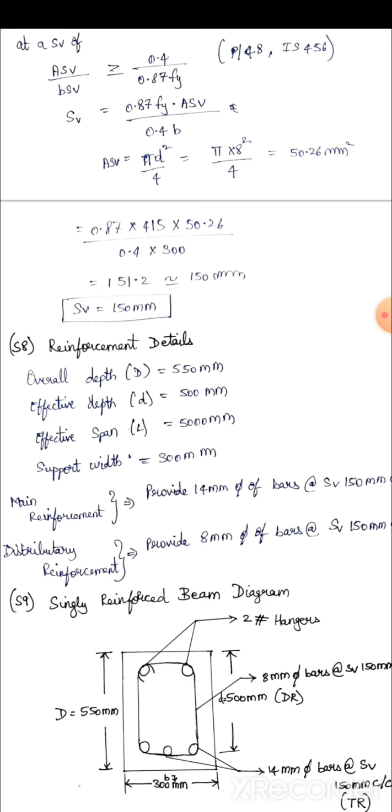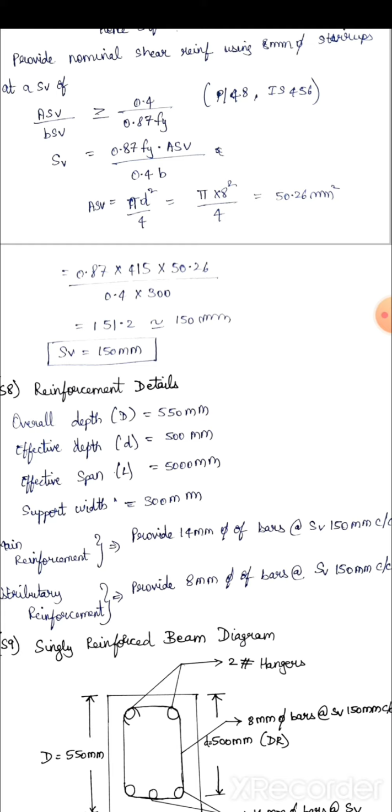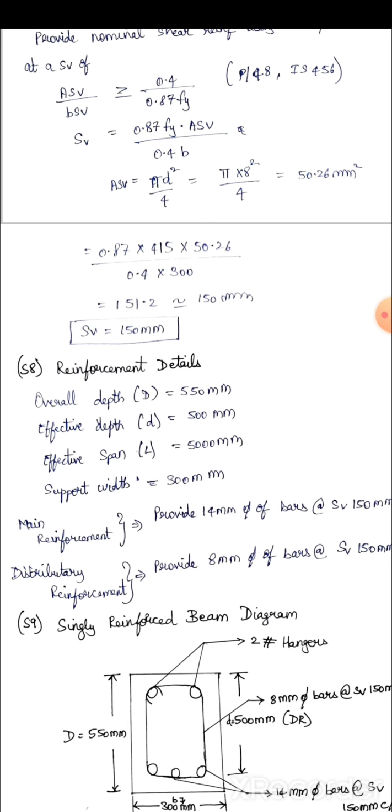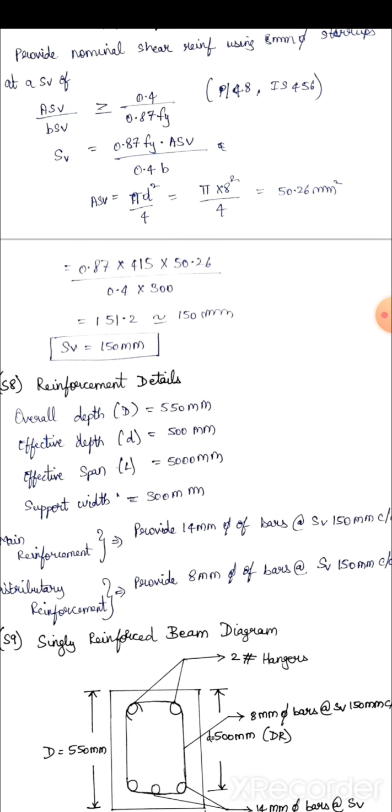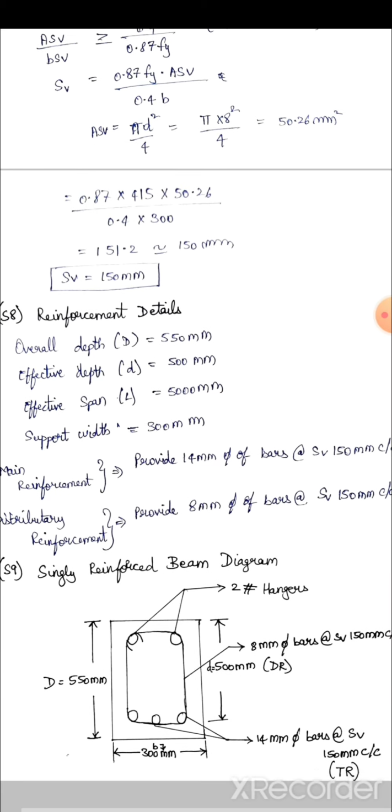Support is 300 mm. And main reinforcement provided is 14 mm dia bars at spacing 150 mm center to center. Distributed reinforcement, we provided 8 mm dia bars at spacing 150 mm center to center.